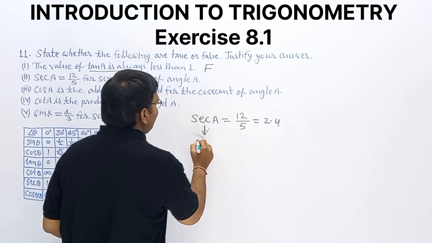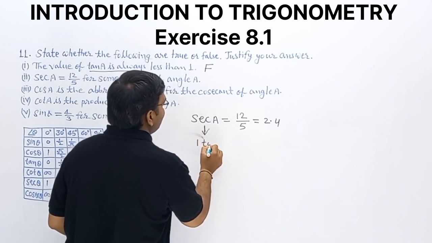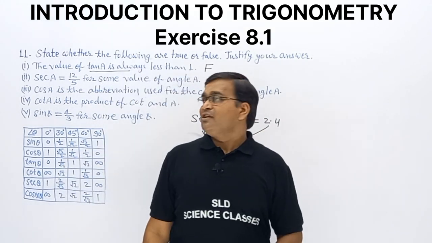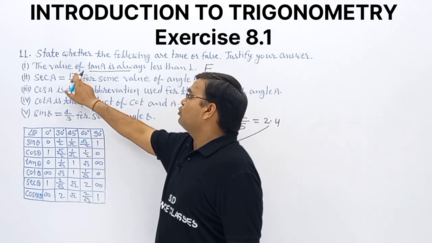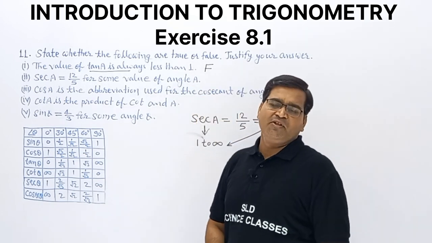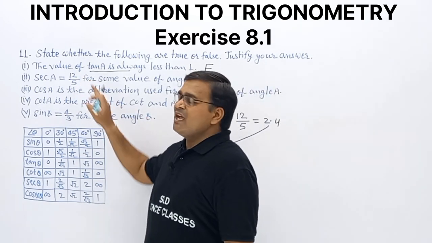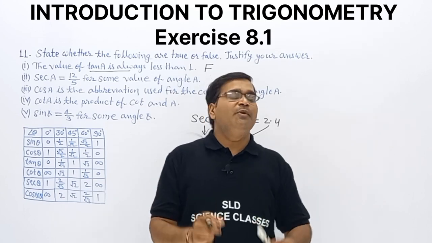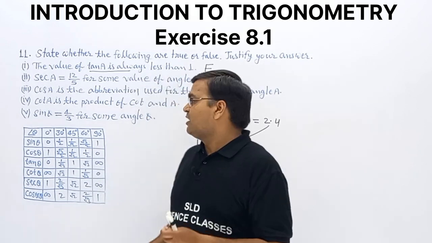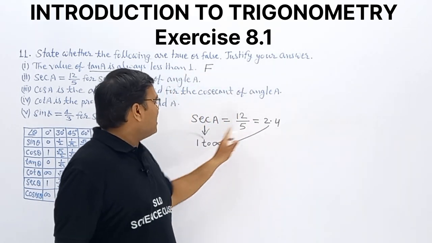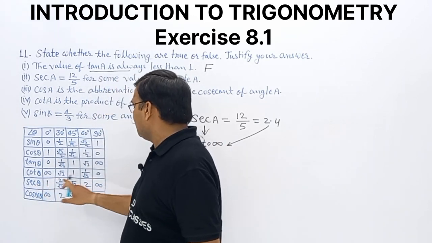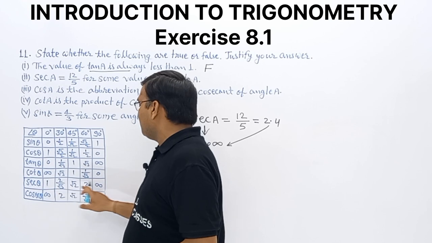From the table we can say it varies from 1 to infinity, and this value lies in this range. So sec A equal to 12 upon 5 for some value of angle A is possible. Yes or no? 12 upon 5 is 2.4, and it is in between 1 and infinity. So we can say sec theta goes from 1 to infinity. When we increase theta, the value is increasing.